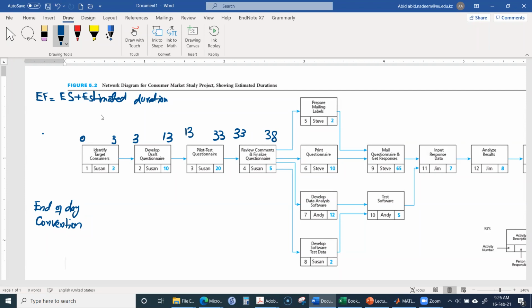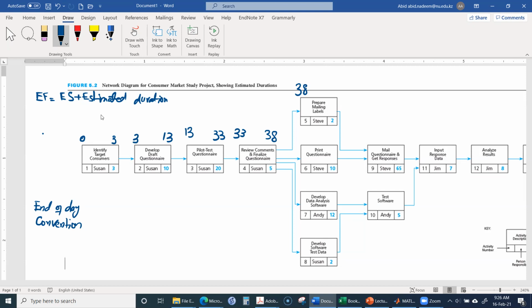For all activities, 5, 6, 7, 8, the start date will be 38, but the finishing times will differ.